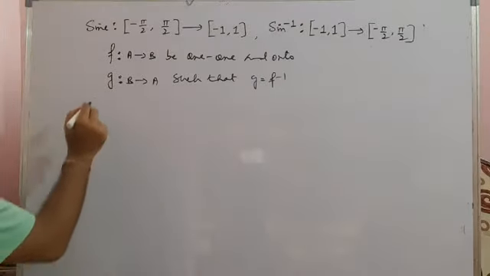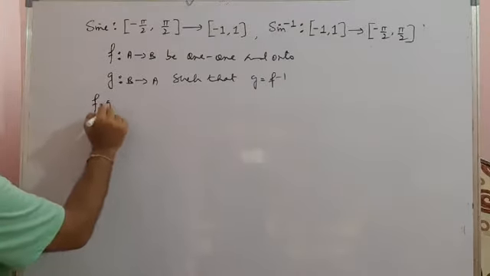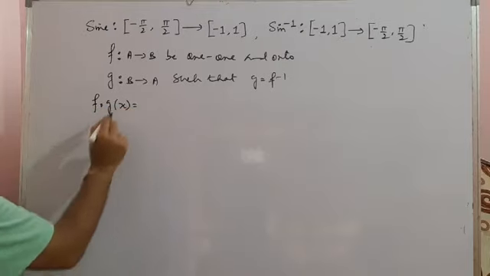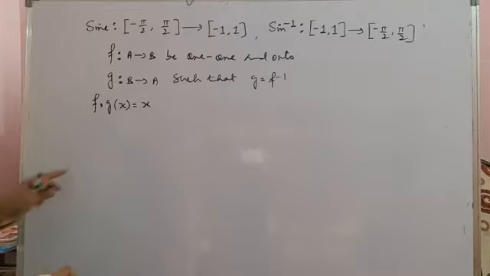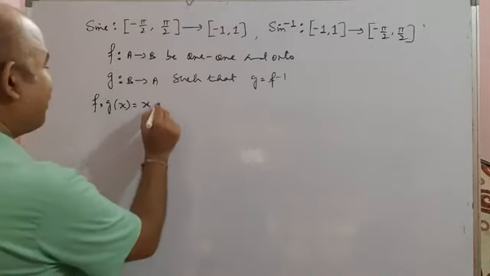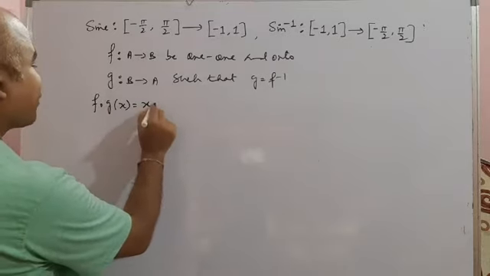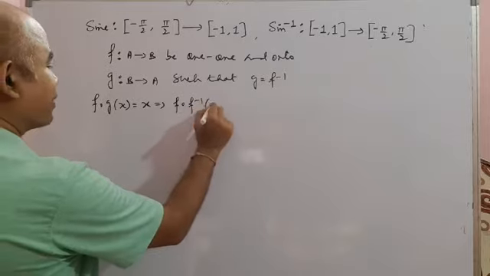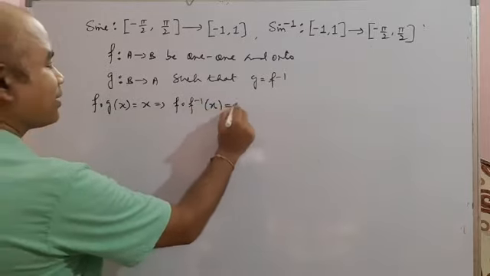So whenever you find the composite of f and g, it will be an identity function. That means pre-image and image will be the same. f composite g of x is equal to x, or f of f inverse of x, because g means actually f inverse, is equal to x.